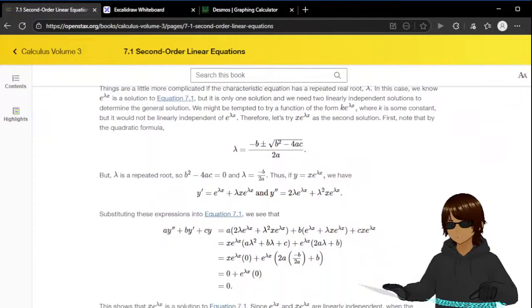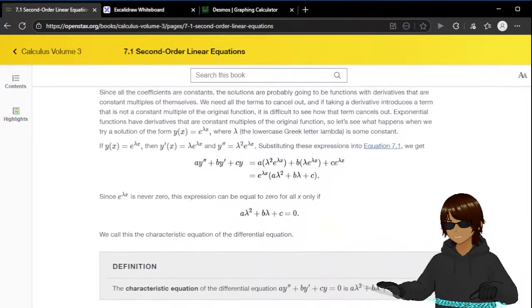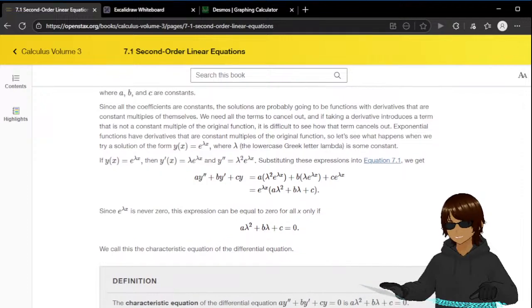But then, if y is equal to x e to the power of lambda x, then this would be e to the power of lambda x, and x times e to the power of lambda x would not be 0, because x is the input, and we are looking for non-zero inputs.